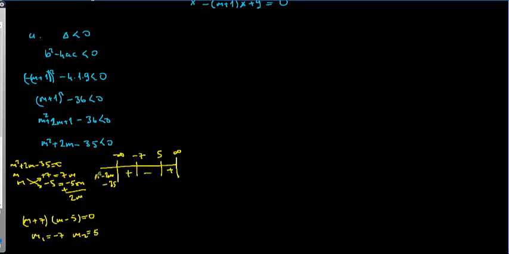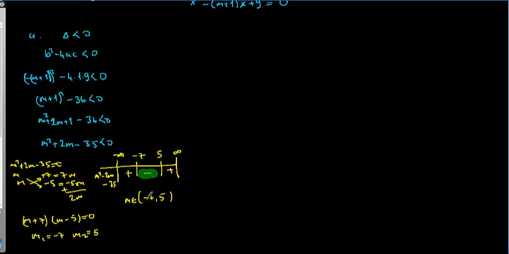Why is it plus? Because the sign of m squared is plus. Then we are going to take the minus area because it's less than 0. I need to be careful about that one also. This is less than 0, so I got this interval. So m is an element of minus 7 and 5. This is an open interval because this is less than 0.